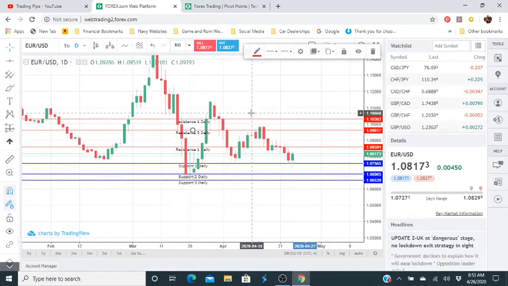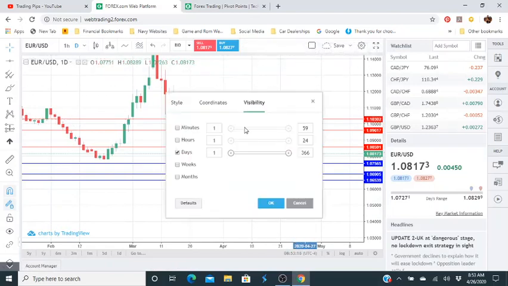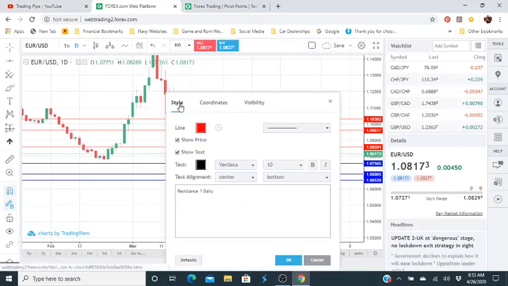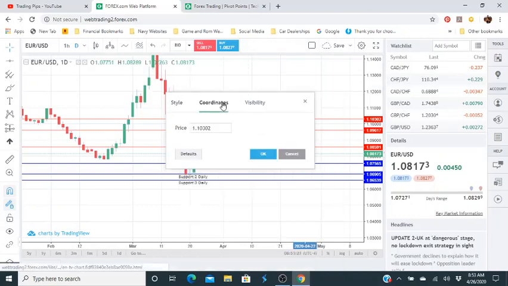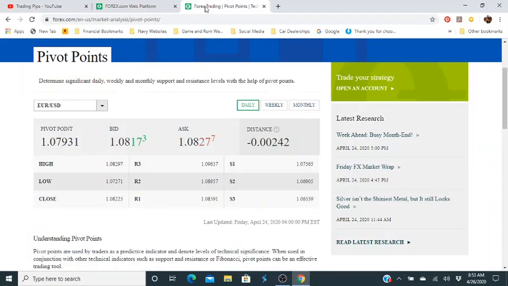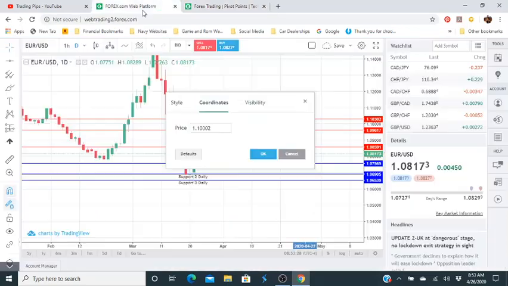Okay. And then we'll go back to the one that says 1, click on it. Settings, once again, visibility is already set for days. We'll click over to styles. We'll change that to resistance 2 daily. And then we'll click on coordinates. Back to the Forex website, resistance 2 is right here, 108.957.